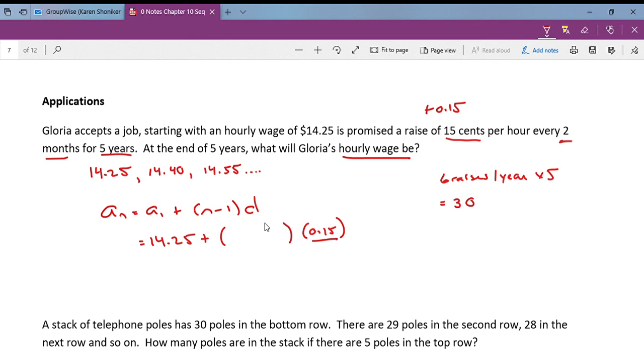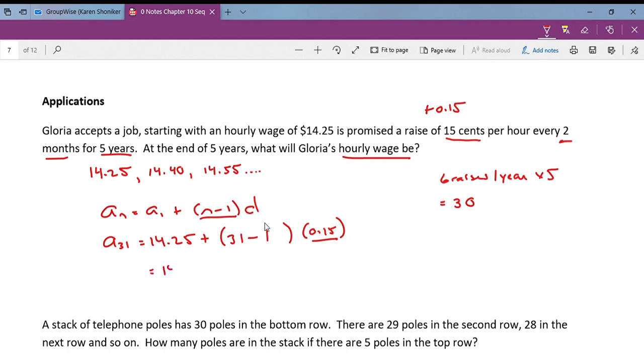But if you get really stuck in this formula, you're going to want to put 30 minus 1. But that would be wrong because then you'd only be giving her 29 raises and you want her to be getting 30 raises. And so if you want to do this properly, you're actually finding the 31st term. You're finding her hourly wage, which would be the 31st term if you want to put 31 minus 1.